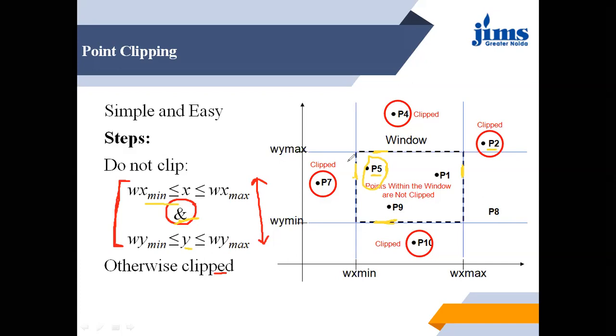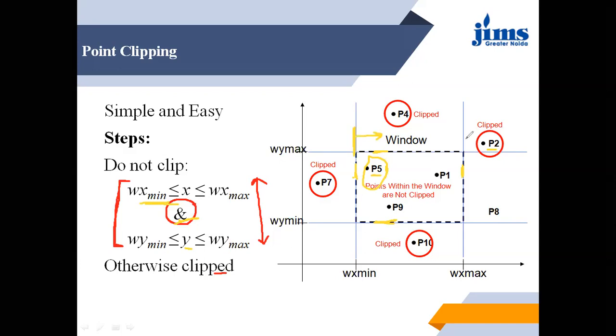Now take the example of P2. In this case, the value of x for P2 is greater than Wx min. But it is not necessary that when the x coordinate is greater than the minimum, it will be inside the window.